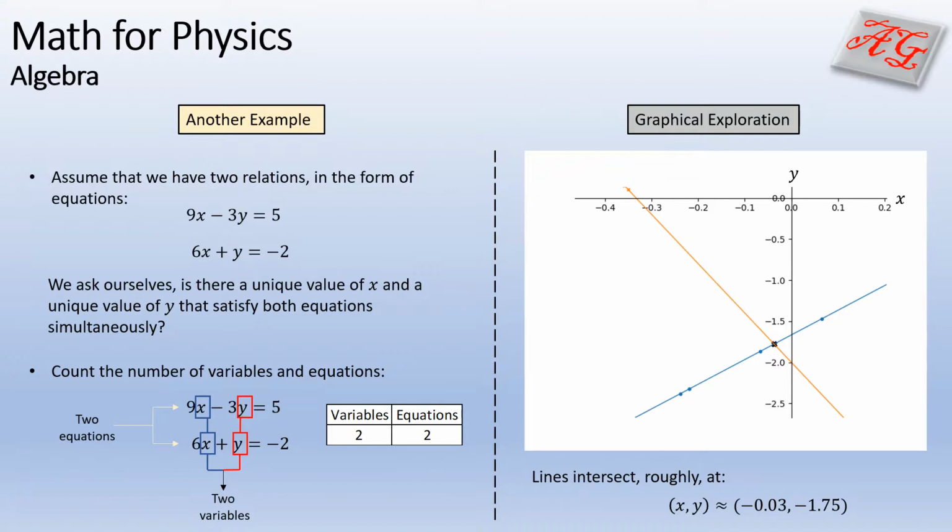Notice that if you replace these values of x and y in the first equation, they will yield approximately 5, and if you replace them in the second equation, they will yield approximately minus 2. But these estimates are not very useful if we are working on a calculation that requires high accuracy. So can we get an exact solution?